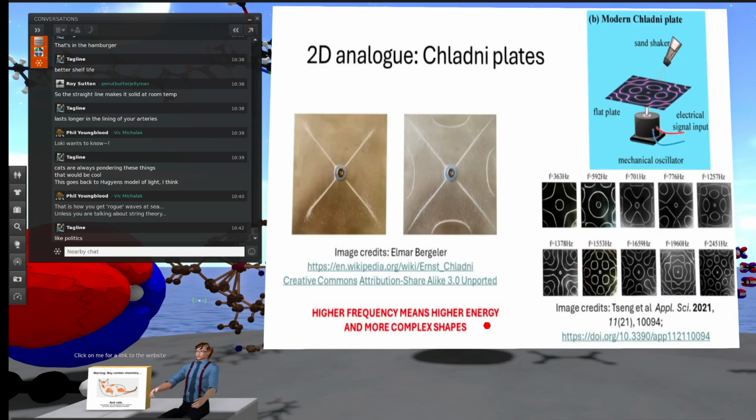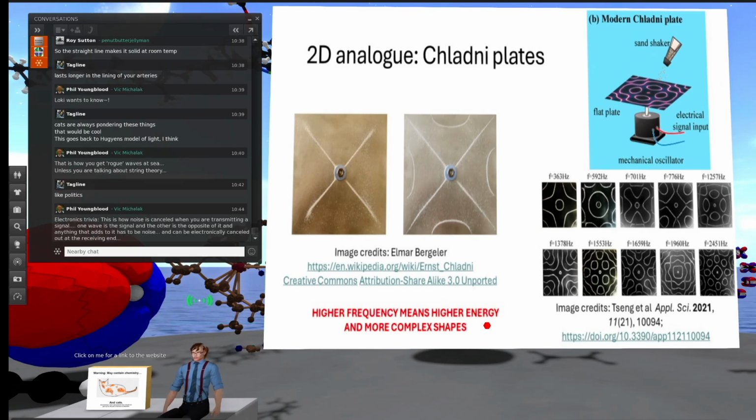And you can think about this in two dimensions. Chladni plates are wonderful things, and I've got some links to them. Essentially, they're two-dimensional plates on some sort of shaker, and then you throw sand on them. At the nodes, or the nodal lines, or the nodal planes, the sand will collect, allowing you to visualize where the motion is happening.